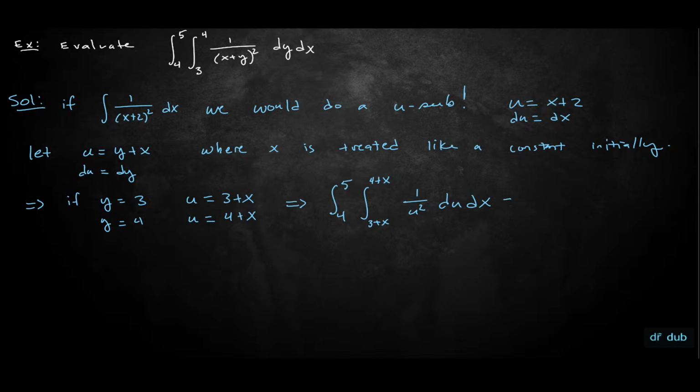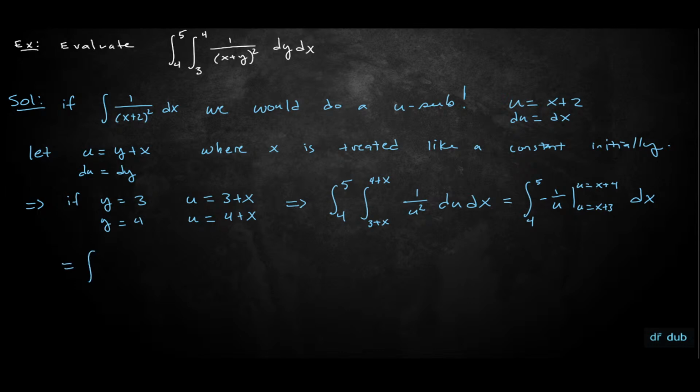So this is going to be integral from 4 to 5, negative 1 over u from u equals x plus 3 to u equals x plus 4 dx. And then plug in these bounds.